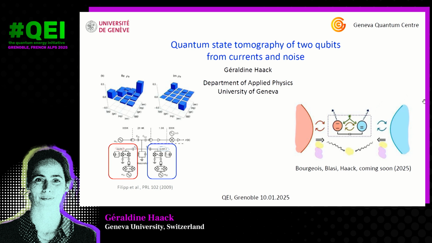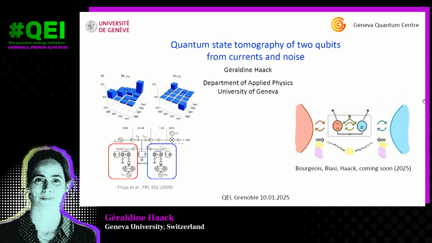Now, I will explain how maybe we can do it in another way in the context of open quantum systems. An open quantum system is a quantum system, for instance, the 2 qubits here, in red and blue, which are interacting with some environment, and here I just depicted some thermal baths.